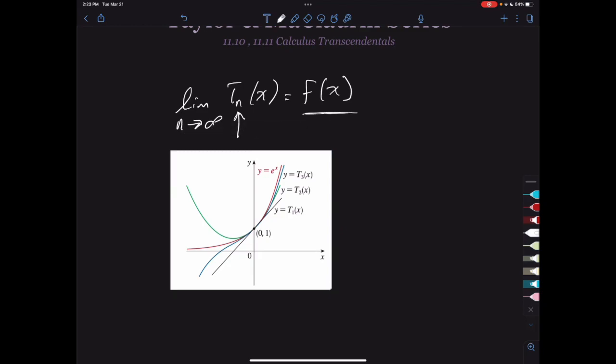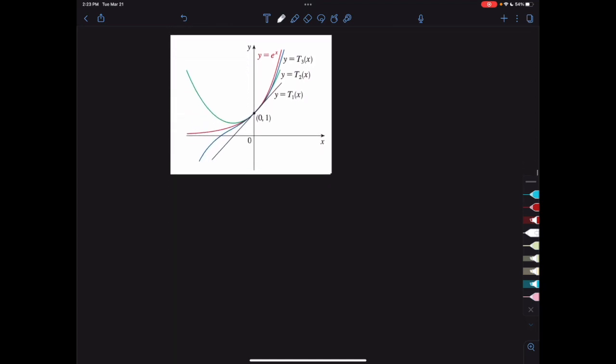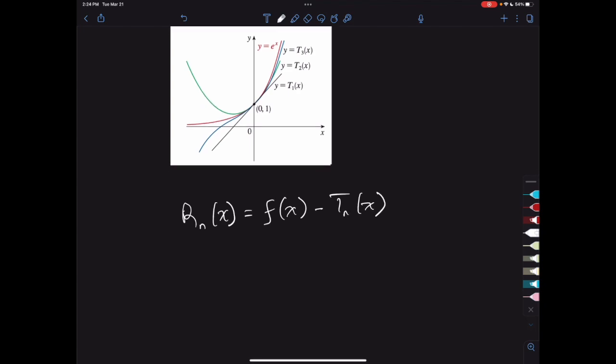Taking a look at this graph, we can see that as n increases, the approximation for the function becomes more accurate. But Tn of x isn't a perfect representation of f of x most of the time. It's an approximation. So how do we account for the remainder? Well, we come up with this thing called Rn of x. Rn of x is the original function minus the approximation. And it gives us the remainder.